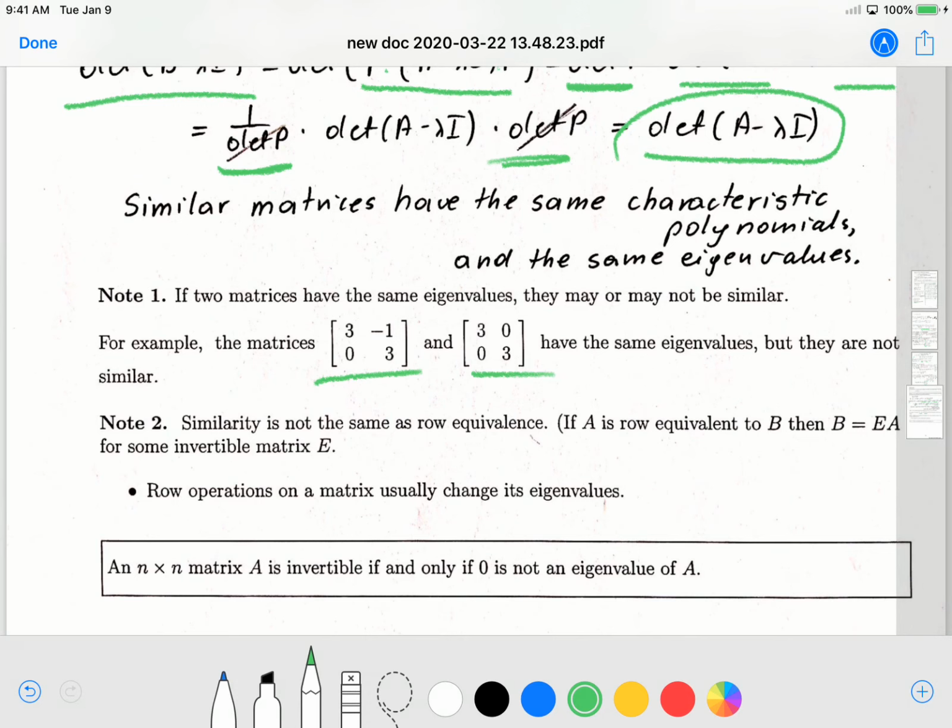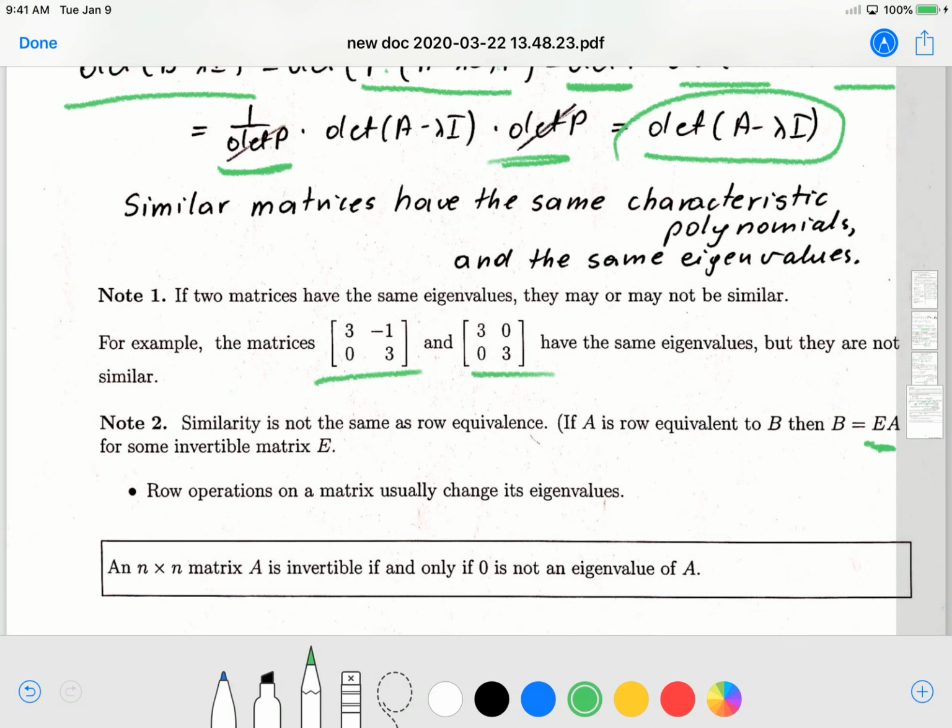Similarity is not the same as row equivalence. If A is row equivalent to B, that means B is E times A for some elementary row operation. If you remember, when you perform a row operation, you multiply the matrix by E, an elementary matrix. Row operations on a matrix usually change its eigenvalues.